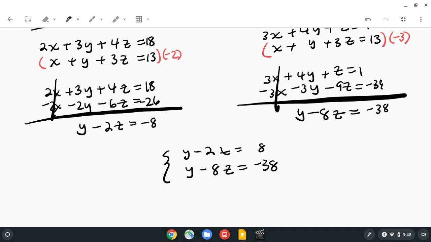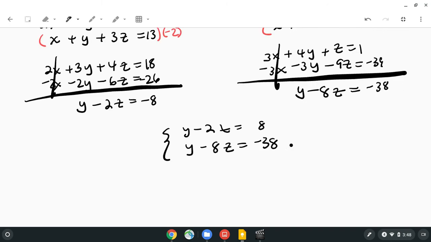We could use the elimination method. Let me fix this, it looks weird. That's supposed to be a z. We could use the elimination method and eliminate the y's.